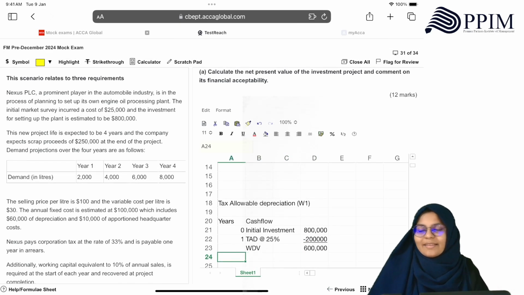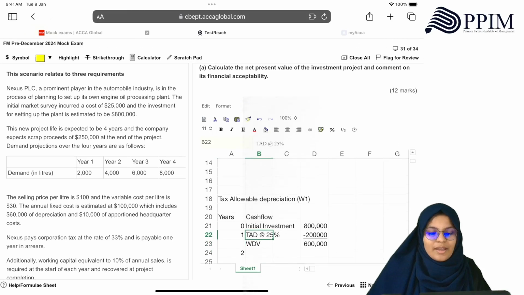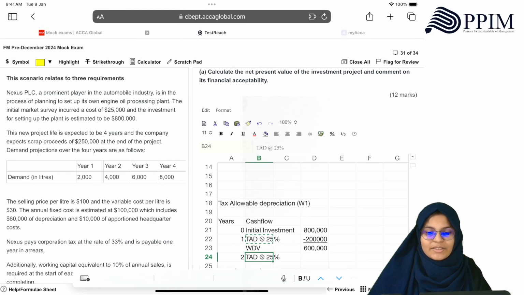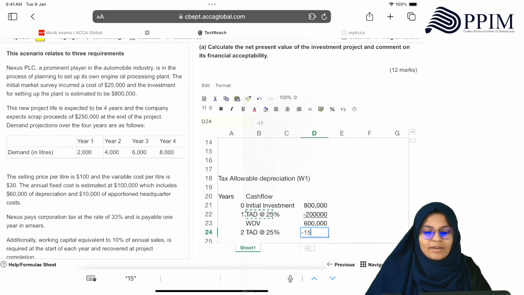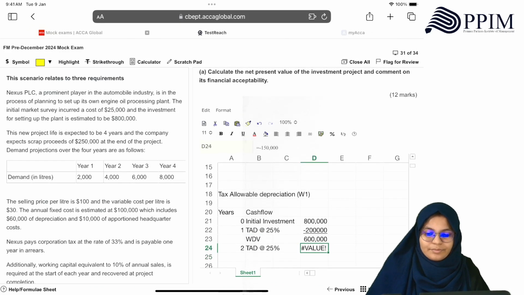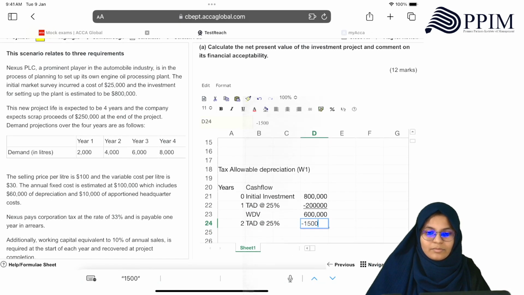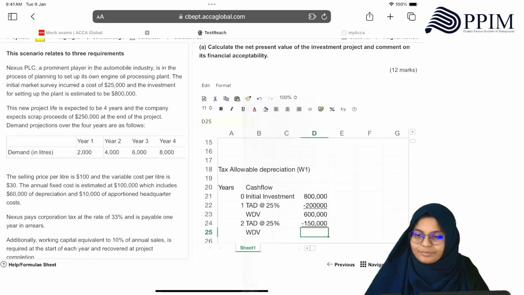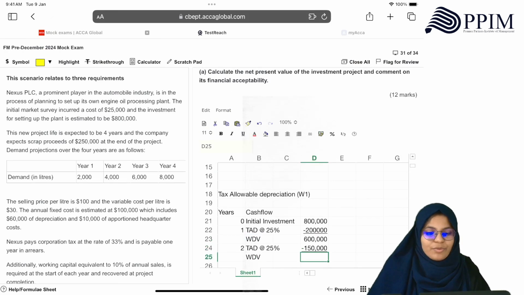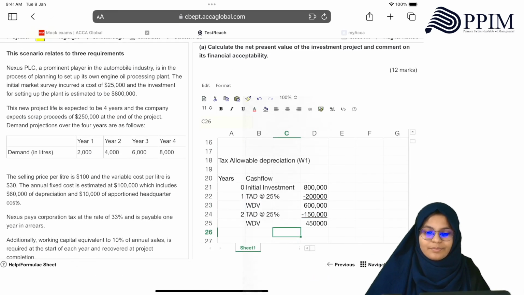Okay. Like that you have to keep on doing it for every year. Okay. So year 2 also I will claim tax allowable depreciation 25% of 600,000, which is 150,000. Okay. So written down value, that is going to be 450,000.